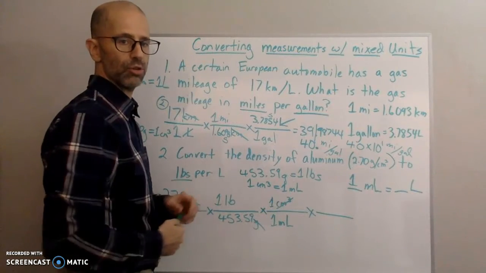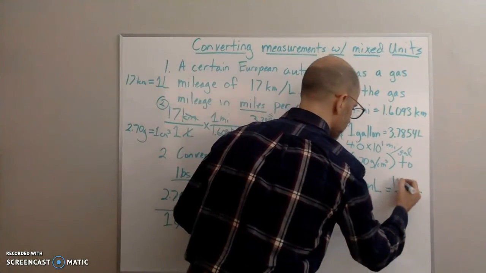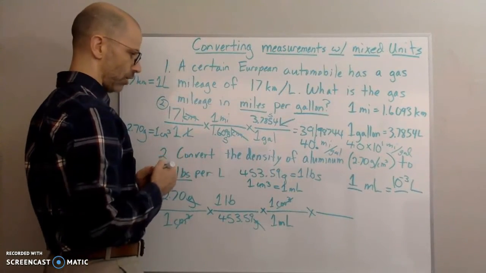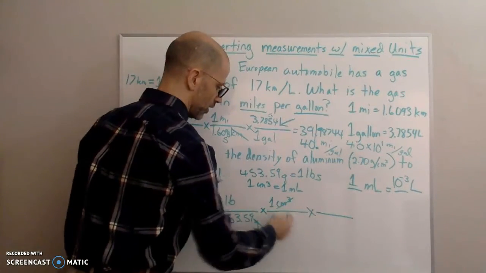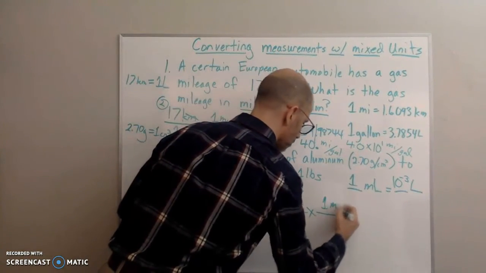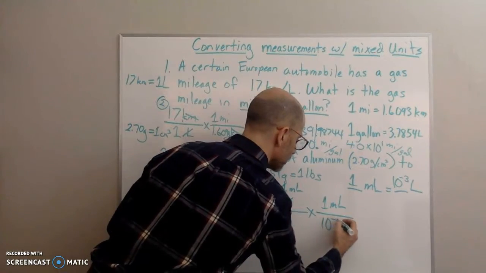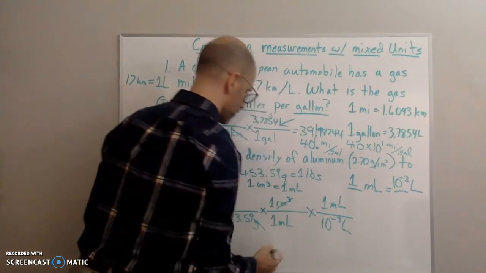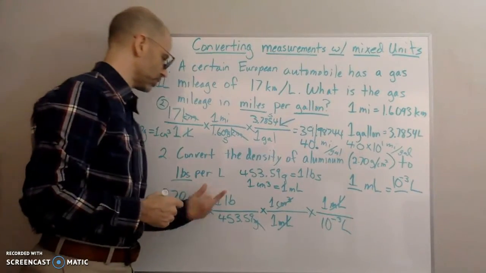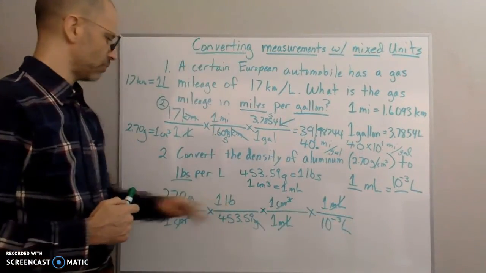You put that unit multiplier with the base unit. So 10 to the negative 3 goes there. So now I have my equality. I have milliliters on the bottom, so I'm going to put 1 milliliter on top. And then the liters goes on the bottom, 10 to the negative 3 liters. So milliliters cancels out. I now have pounds per liter. So I am done. I have liters on the bottom, pounds on top.